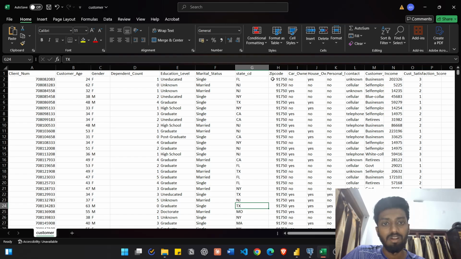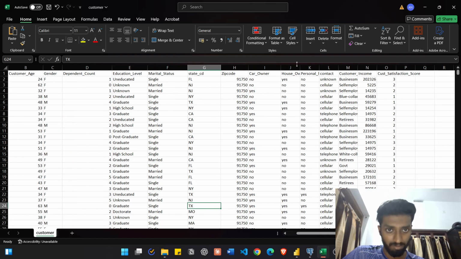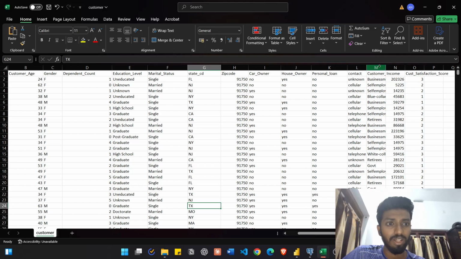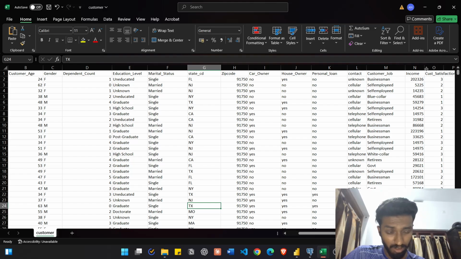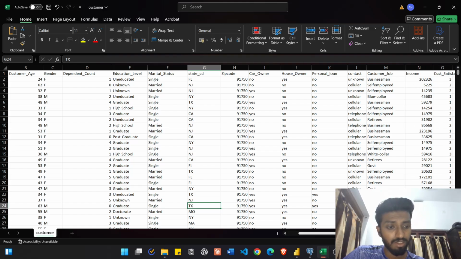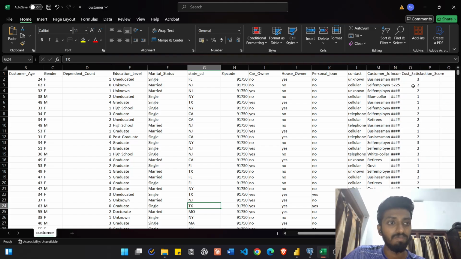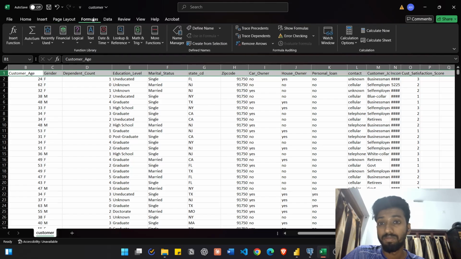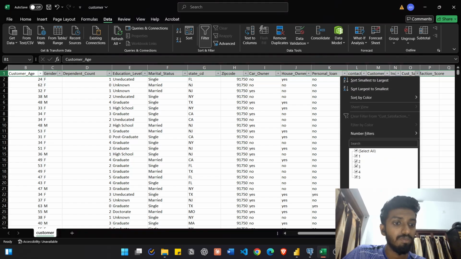Then the zip code, whether the person is a car owner, house owner, personal loan, contact, the job that person is doing, how much income they generate, and the last is the customer satisfaction score, which is from 1 to 5.